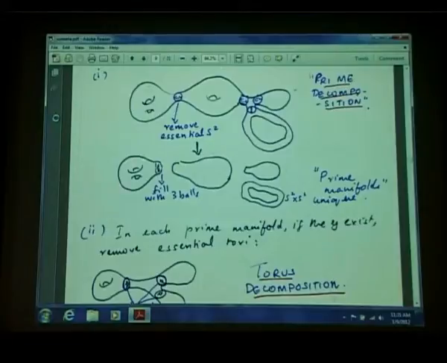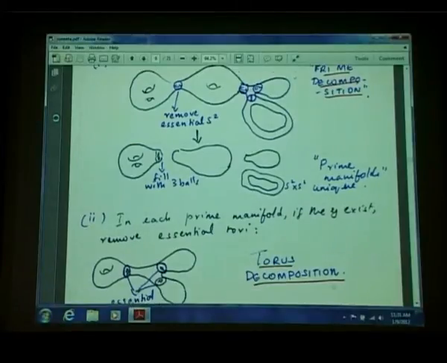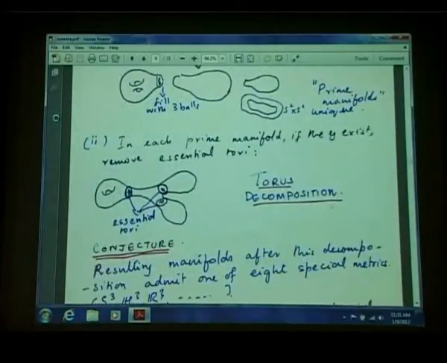They will either have these essential tori, or they will be simply connected, or they will be of the type S2 times S1. So in each prime manifold, if the prime manifold has some essential tori, remove them. This is the second decomposition. This is called the torus decomposition.